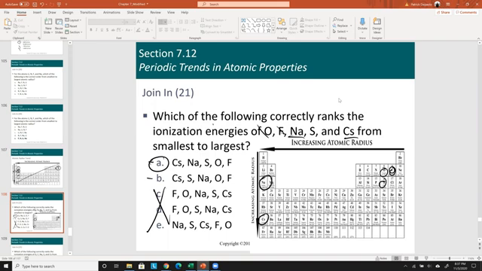That means the ionization energy, the energy required to remove one of those electrons, is going to be greater than for an atom that's lower on the periodic table and bigger. Bigger means its electrons are further away from the nucleus and feel less pull. So sodium is going to have a greater ionization energy than cesium. That's why it's in this order: cesium is really large, and the electron that would be ionized is very far away from the nucleus, so the pull from the protons won't be that great.